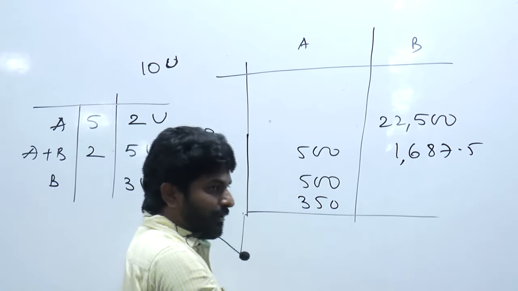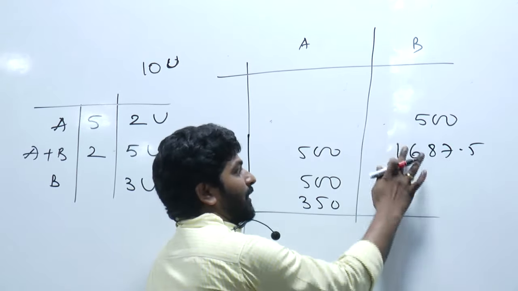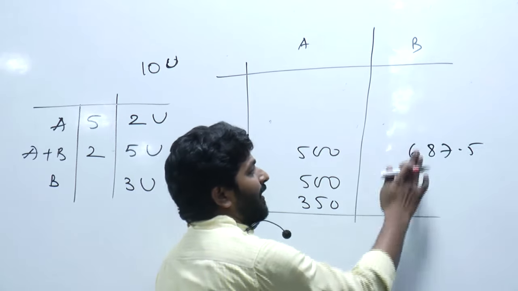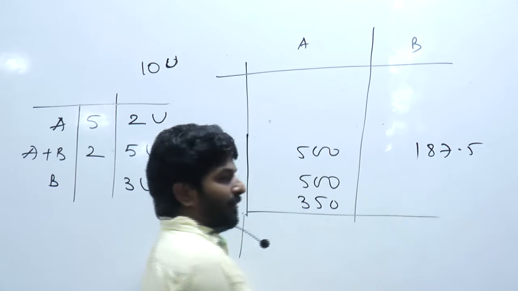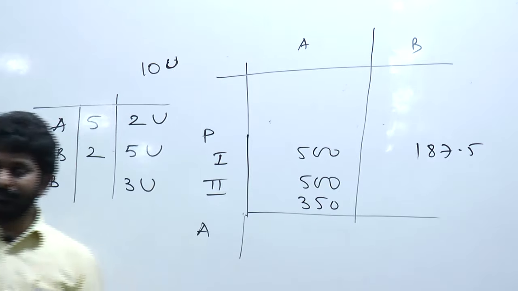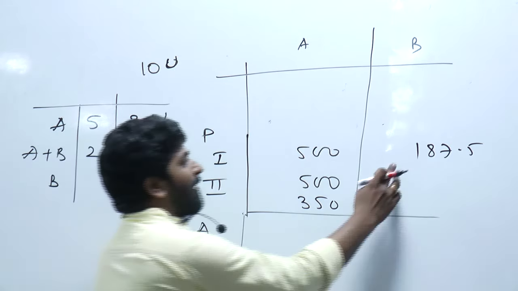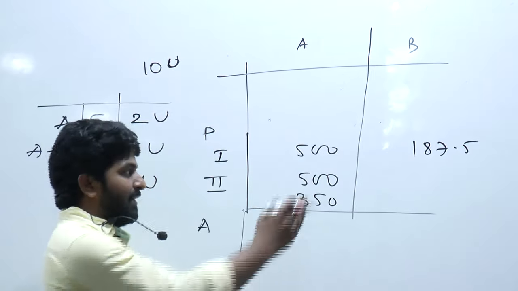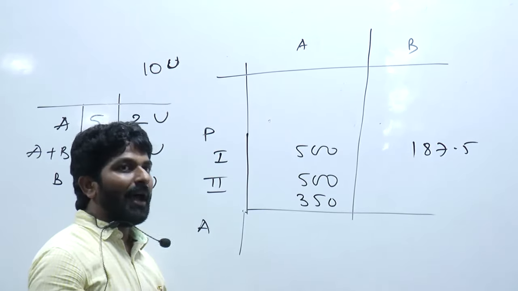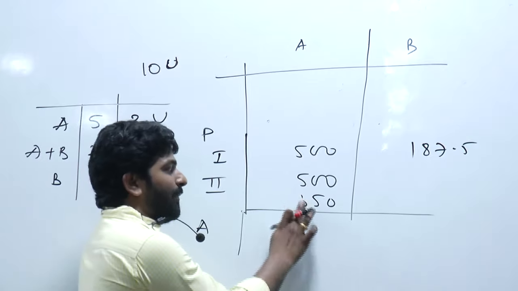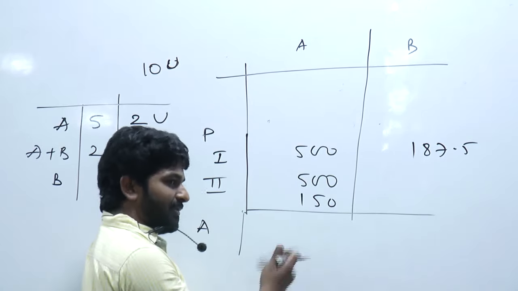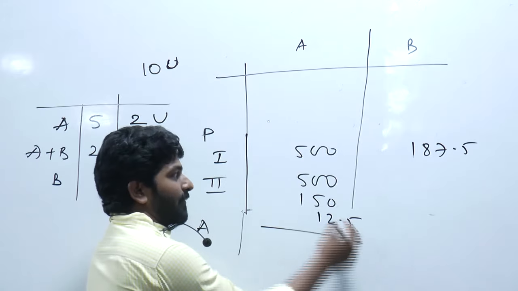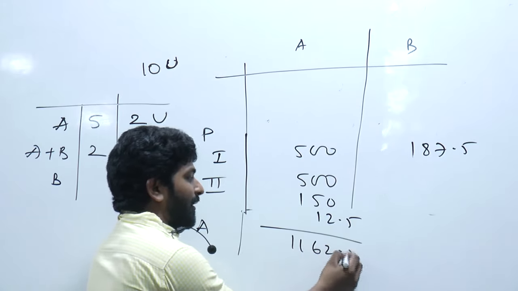Here you have 24,000. 23,000. Take 500 from here. 24,000 cancelled. But still you have 187.5. Again you need to subtract this from here. Subtract 200, add 12.5. 1162.5.